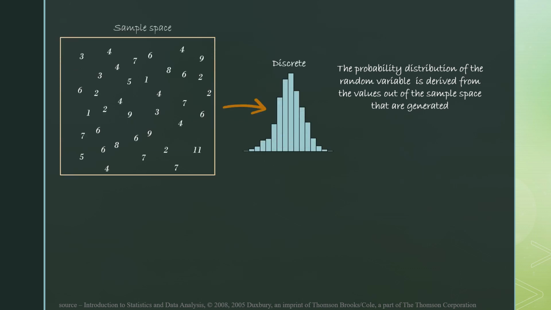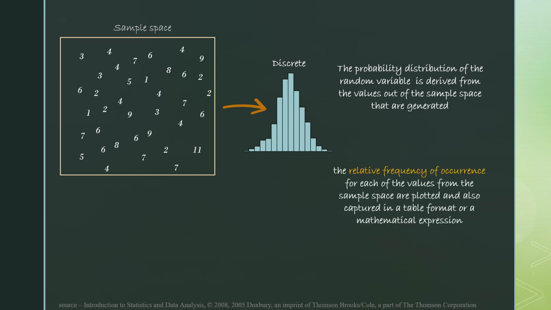The probability distribution of the random variable is derived from the values out of the sample space that are generated as discussed. The relative frequency of occurrence for each of these values from the sample space are plotted and also captured in a table format or a mathematical expression.